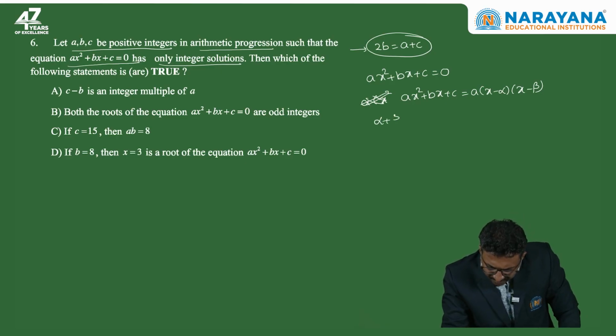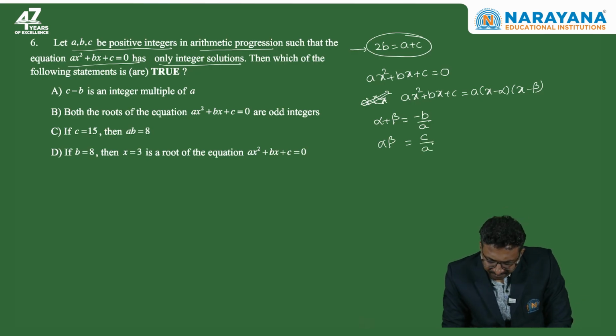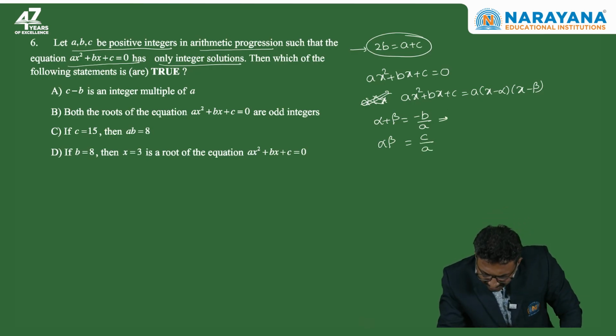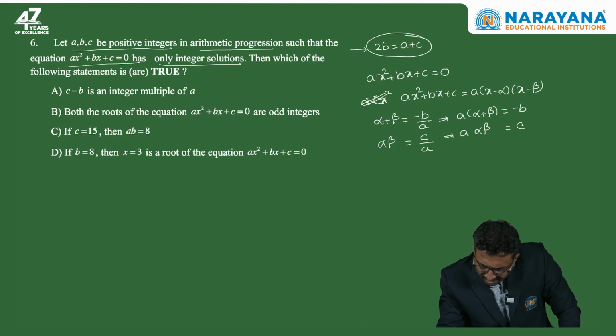So alpha plus beta is equal to minus b by a, and alpha beta is equal to c by a, right? Which implies a times (alpha plus beta) is equal to minus b, and a times alpha beta is equal to c.